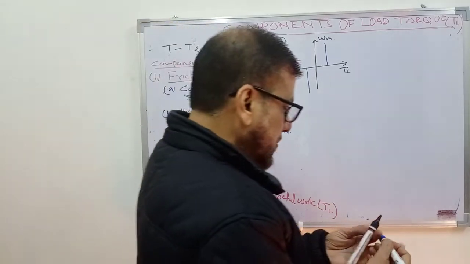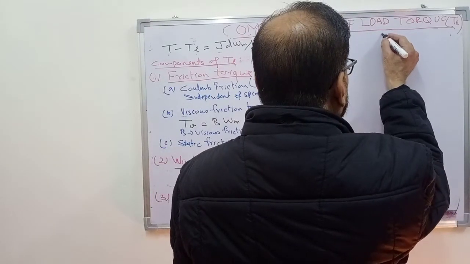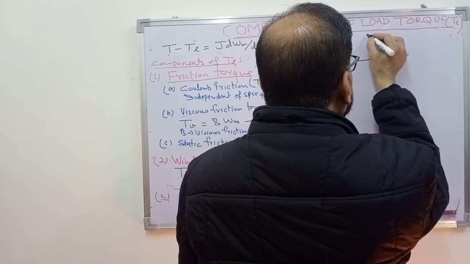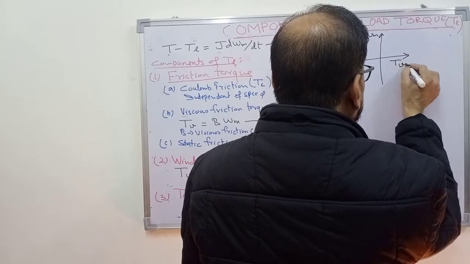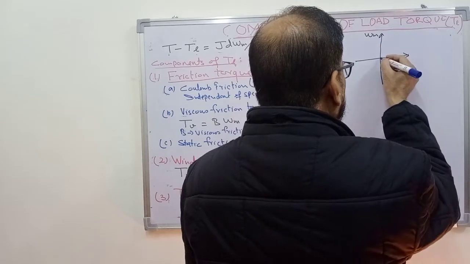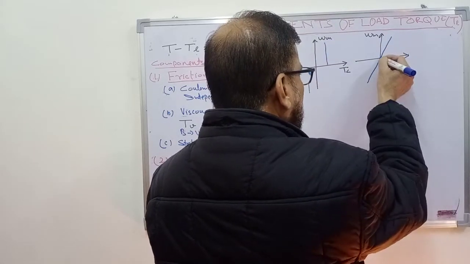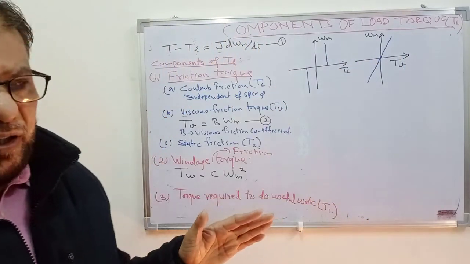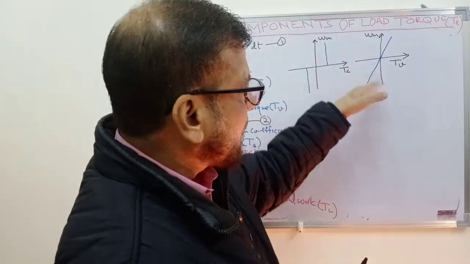If I show it on the graph, it will be somewhat like this. Speed, viscous friction torque. So it will be linearly depending on speed like this. At zero speed, torque is zero. For positive speed, the torque increases linearly and it remains positive. For negative speed, it will become negative.